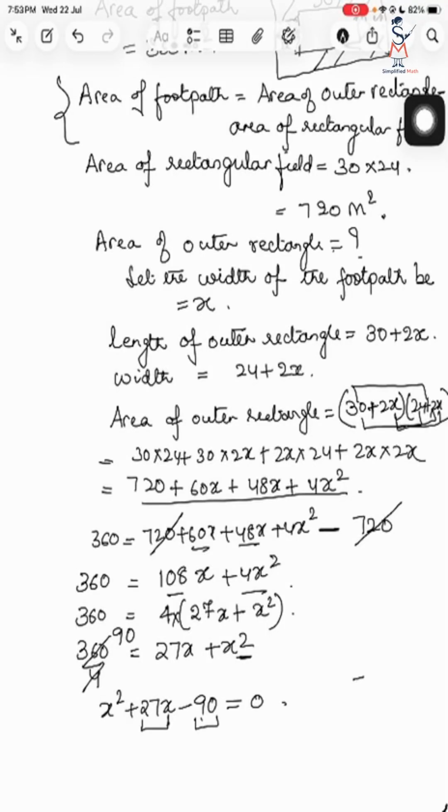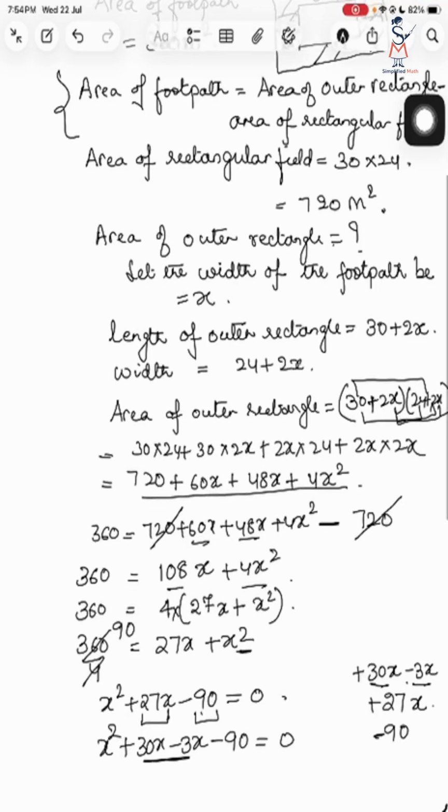So I write 27x as plus 30x minus 3x, because when I multiply these two, 30 with 3, I get 90, and plus minus is minus 90.